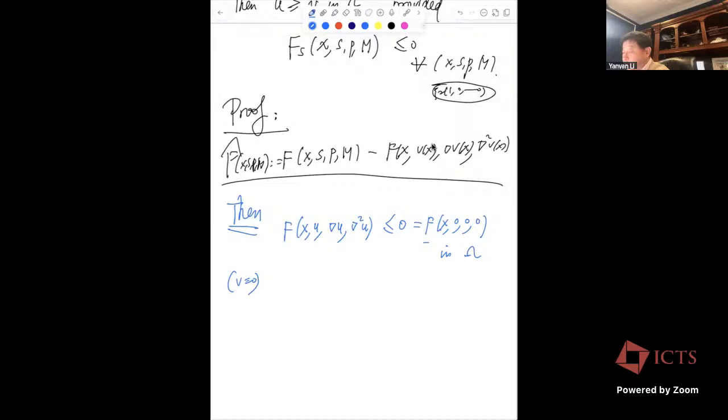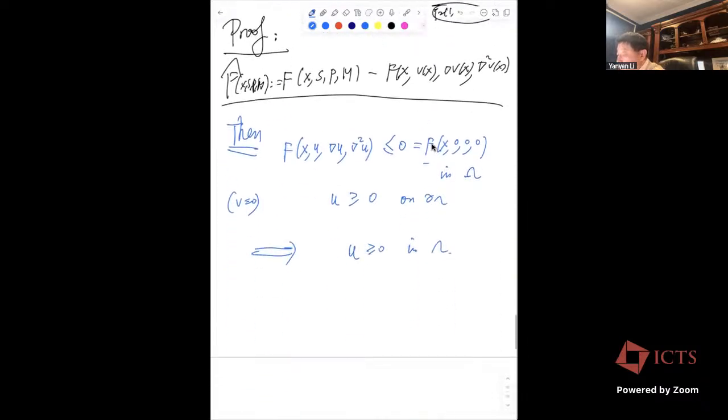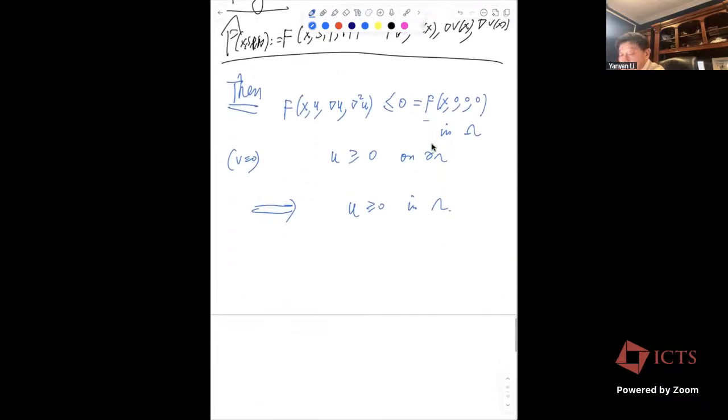Then you know that u is greater or equal than 0 on the boundary of omega, and you want to prove that u is greater or equal than 0 in omega. Of course, you are still carrying that condition. The only thing is you take v to be 0.